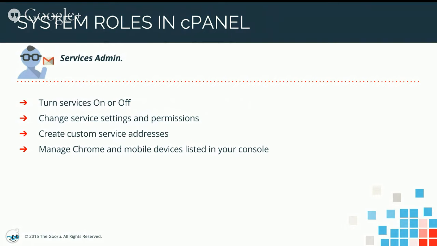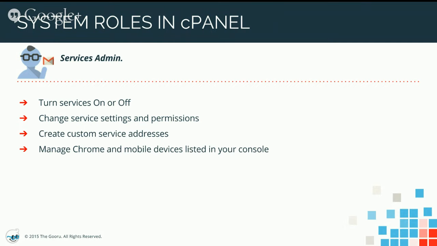Another system role is services admin. And this is an area where you don't really need to touch or use that much. I would consider this quite a high level, almost like a third tier access right, because it gives the ability to turn services off or on. Now, services can be turned off or on per organizational unit. So once again, this is why it's a good practice to manage your domain and structure it in organizational units.